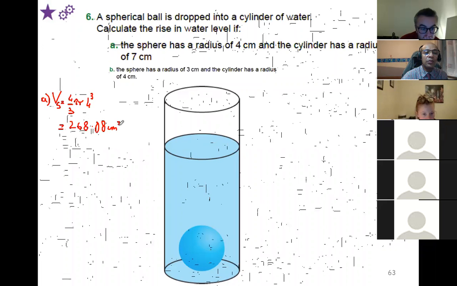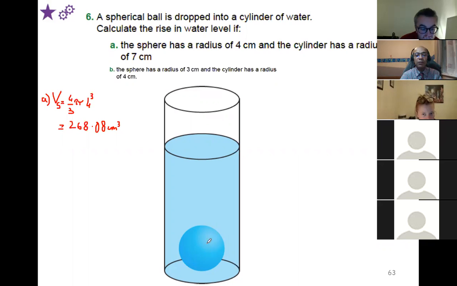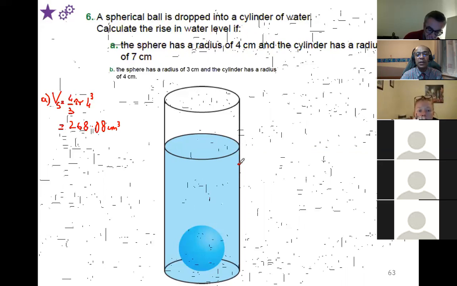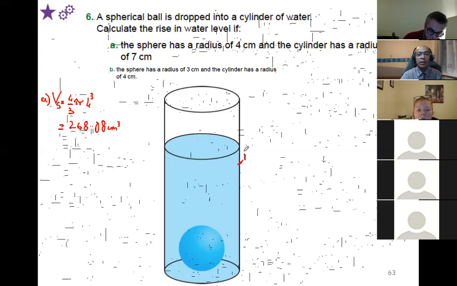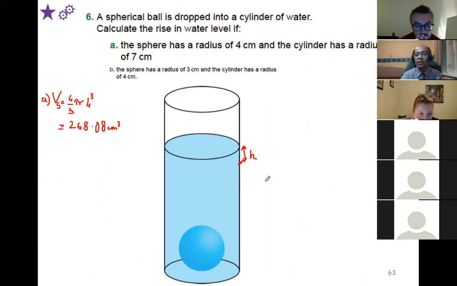So now what you need to think is, before putting that sphere inside, the volume was somewhere here, right? We've added the sphere and the water rose by this height. So that's the question they've asked us.